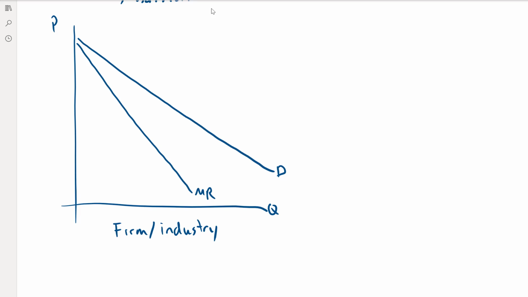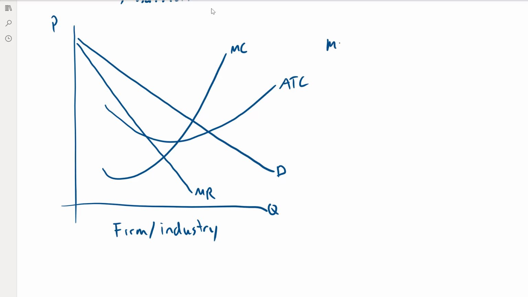And then we have our usual U-shaped cost curves. So there's that marginal cost curve, and finally we have this average total cost curve where the marginal cost goes through the minimum point. So don't forget our max criteria. They want to produce where marginal revenue equals marginal cost.